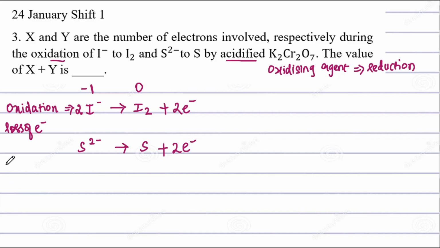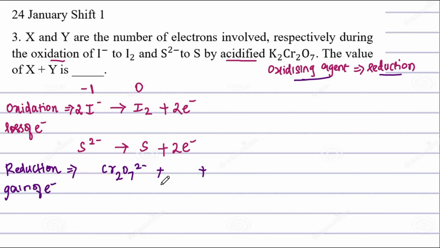Now let us see the reduction half reaction, because potassium dichromate is used as an oxidizing agent which itself undergoes what? Reduction. So in the reduction half reaction, we can write the K2Cr2O7 as Cr2O7 2 minus. We already saw this in the previous sum itself. Reduction, what is reduction? Reduction is gain of electrons.